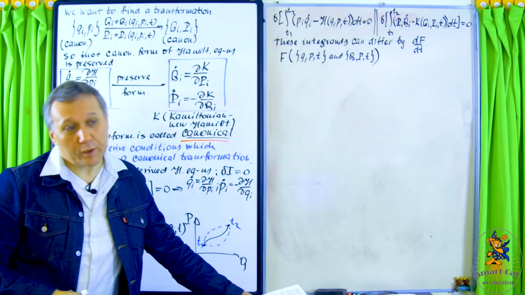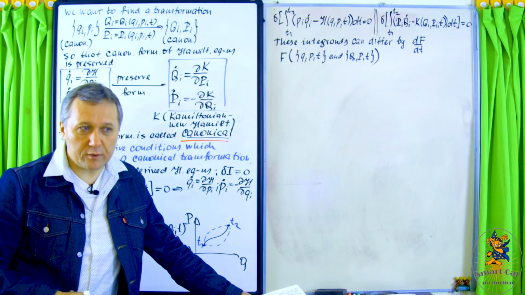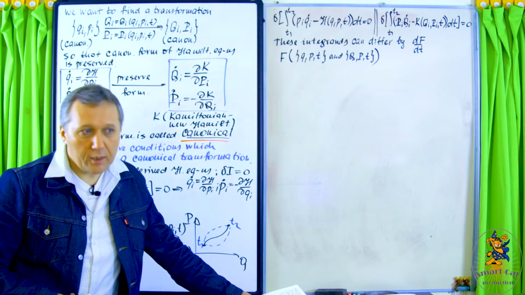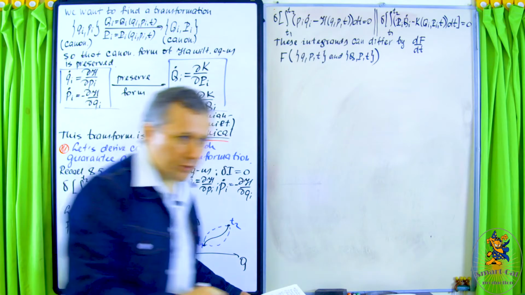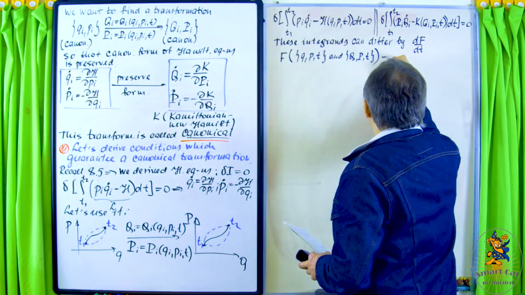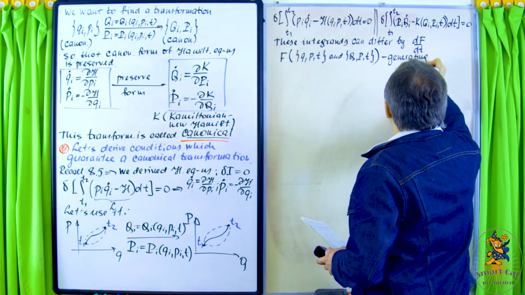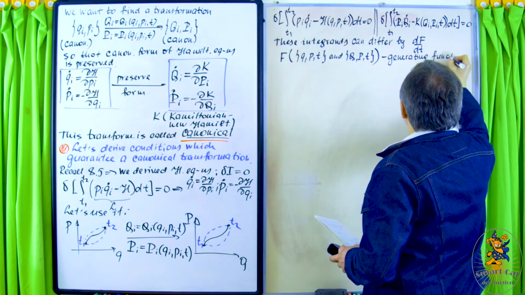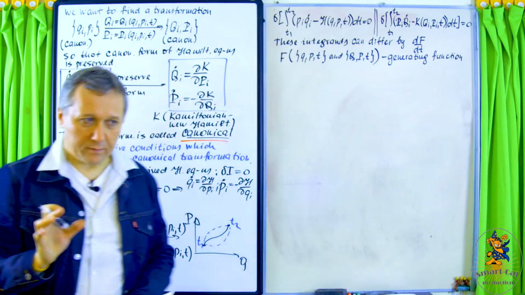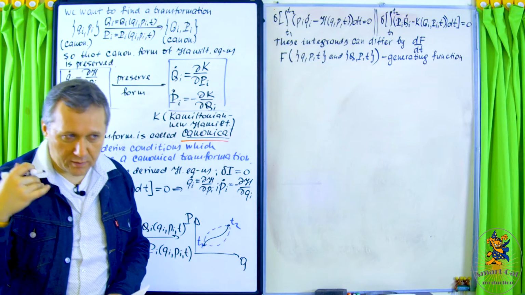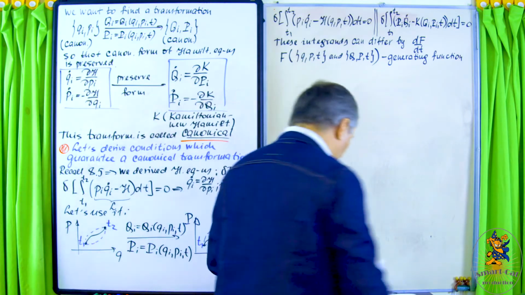You will see in a few minutes why it is called a generating function, because it will eventually generate the canonical transformation equations for us. And again, f is arbitrary but well-behaved. Well-behaved, again, means it is continuous, and you can differentiate it as many times as you want or need.